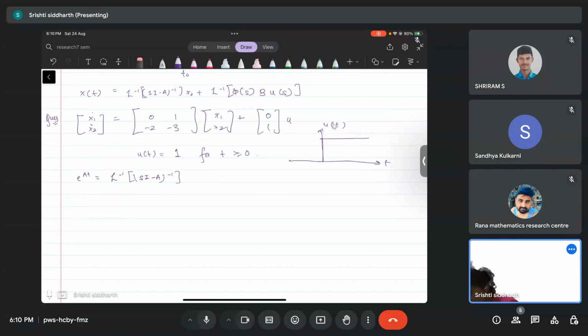Okay, so what is this? sI minus A is S minus 0, S plus 3, minus 1 and 2. It's a second order system. So then determinant is S square plus 3S plus 2. Interchange these two and reverse their signs.